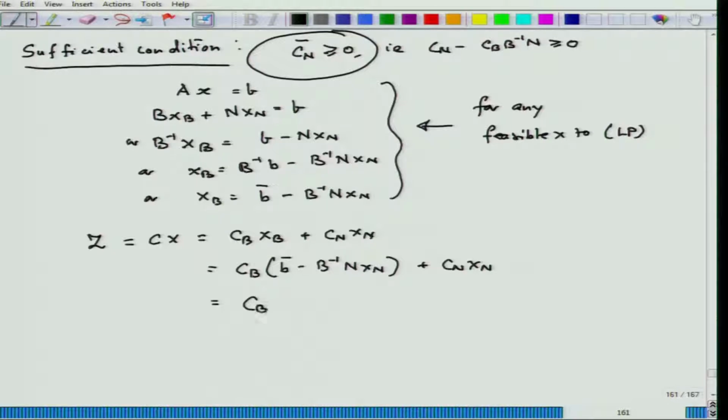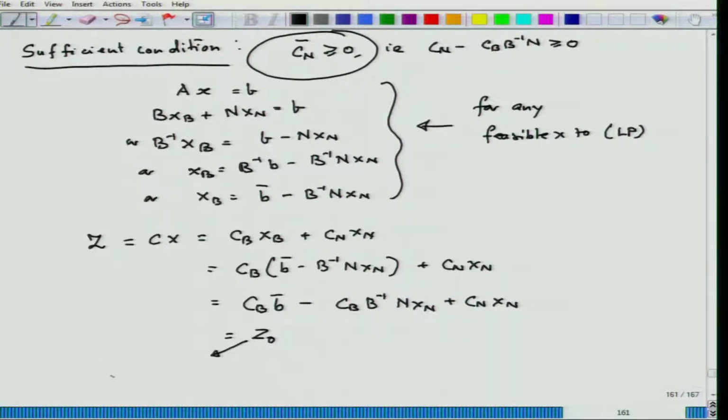So, I will write Cb B bar, which is B inverse B, minus Cb B inverse N Xn plus Cn Xn. But Cb B inverse B is the optimal solution, which I call Z naught.